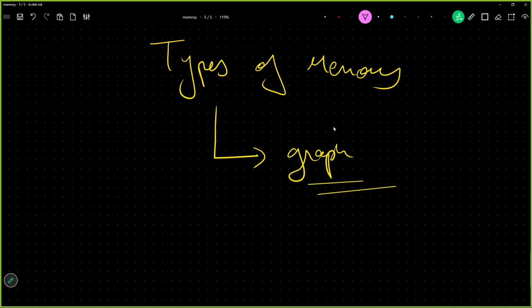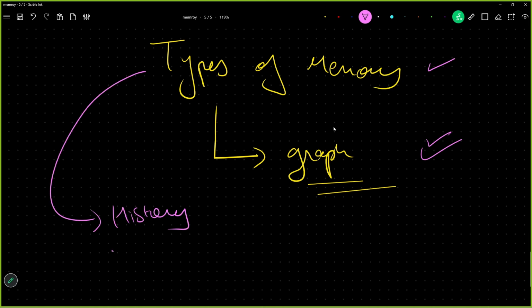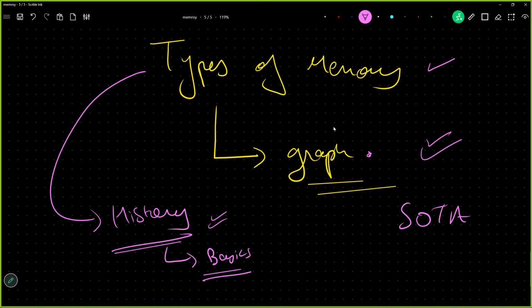But understanding all of them at this point is not worth it, because if we don't know the history, if we don't know the base of how the memory concept started, we will never be able to understand how the current state-of-the-art systems work. We will have to understand the history, and once the basics are clear, and we have a clear bridge between how it started and where we are currently, that is when we will be able to bring innovation into the picture.